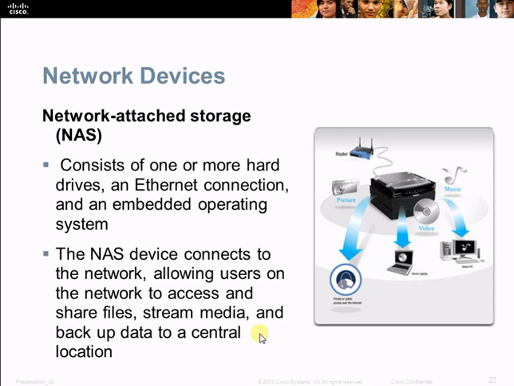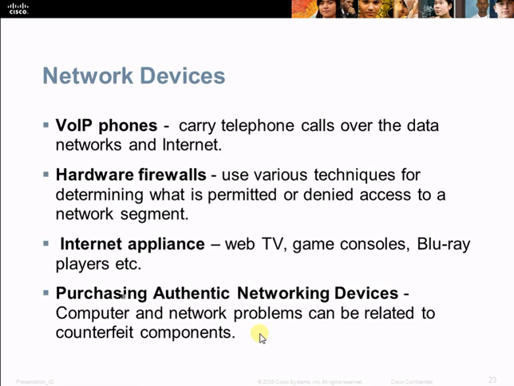Some other network devices we have: voice over IP phones, hardware firewalls. So we can have a separate firewall, or we can have a firewall built into our router or all-in-one device, and usually that's what we will have.